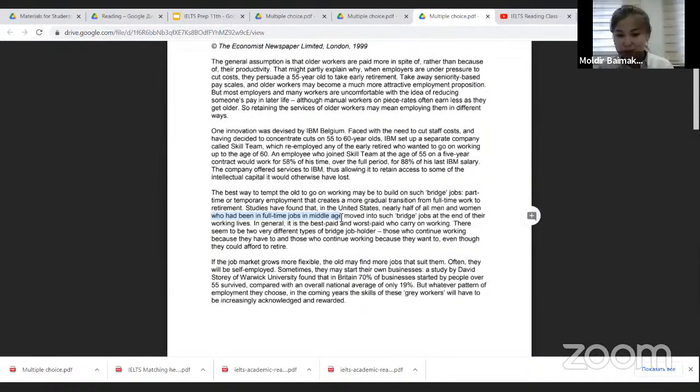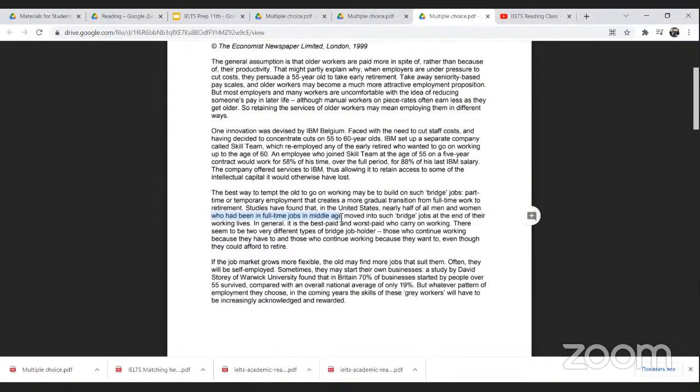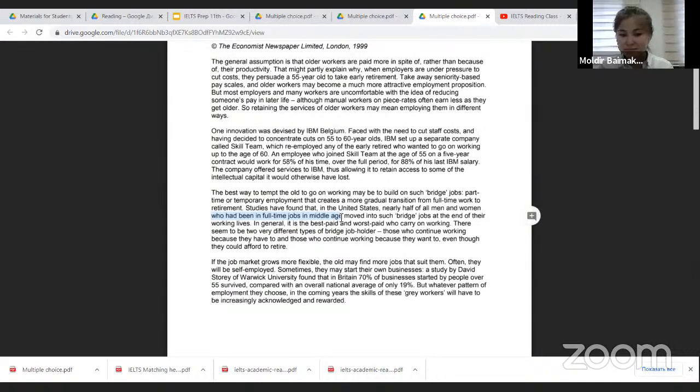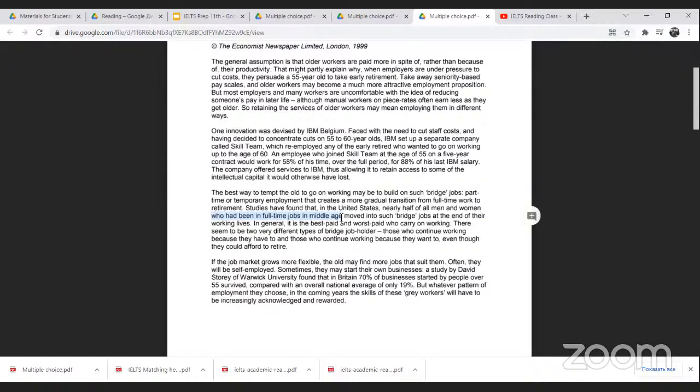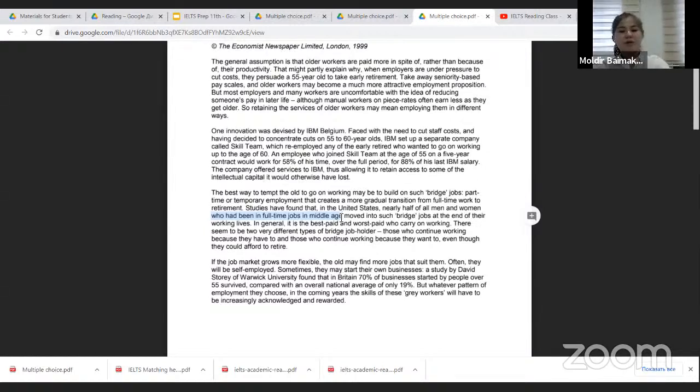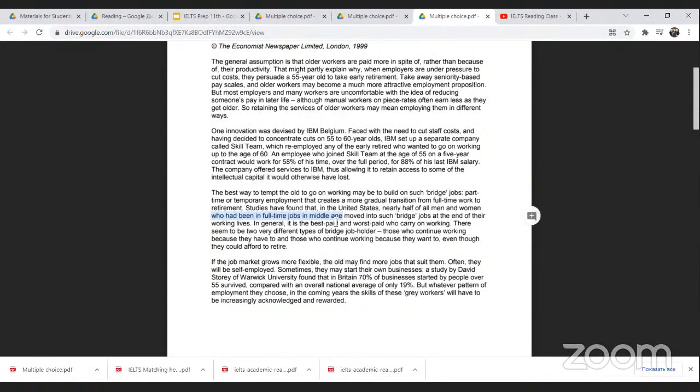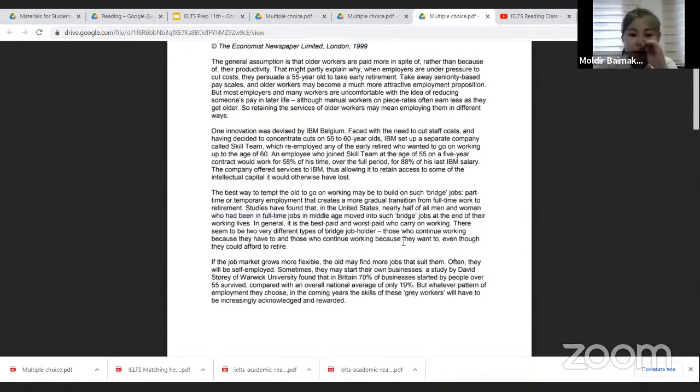You see? Appeal even to the distinct groups of older workers, and this part will be here.